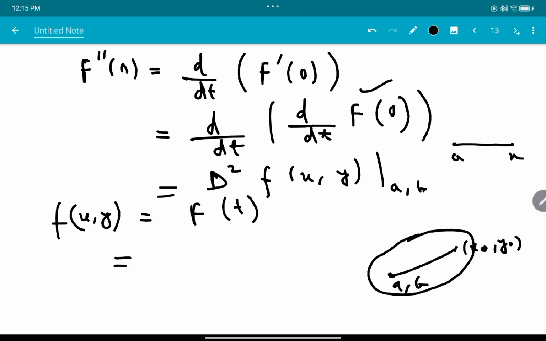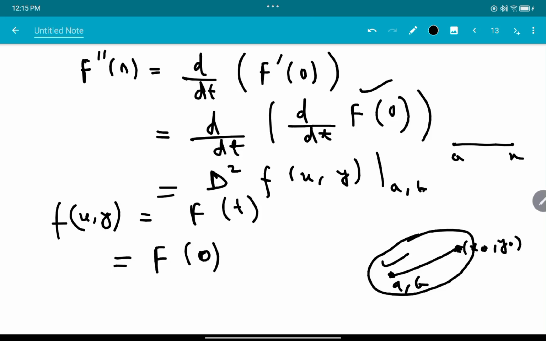f x y is equal to f t, then this will be, first of all, the first term will be f 0. Now this f 0 is simply f a b, that is a b, or if we take t equal to 0, this point, or we can take this point f x y, x naught y naught.